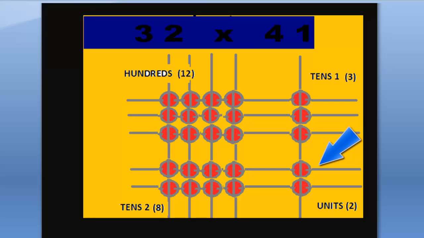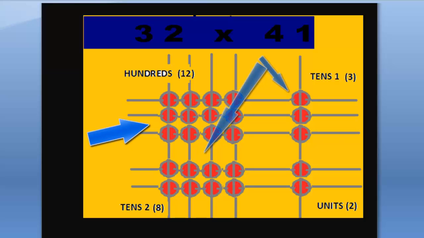In the units place, which is the bottom right, we have 2 intersections. In the hundreds place, which is the top left, there are 12 intersections, and in the tens place we have 3 intersections on the top right and 8 intersections on the bottom left. This is represented in the figure.